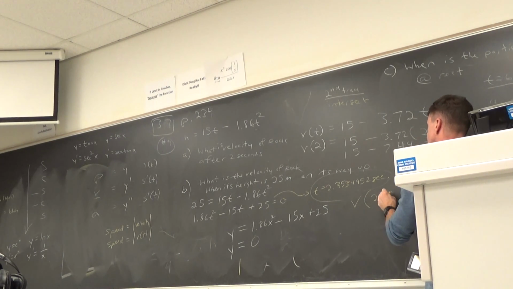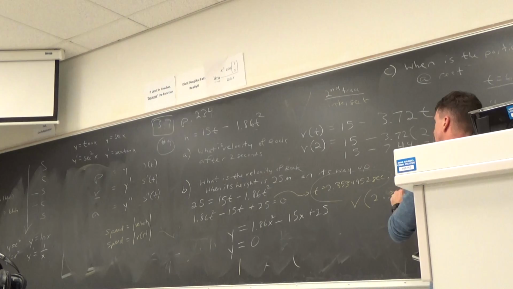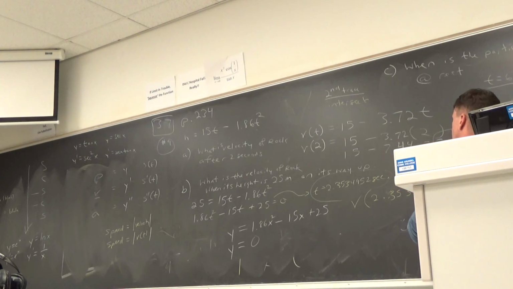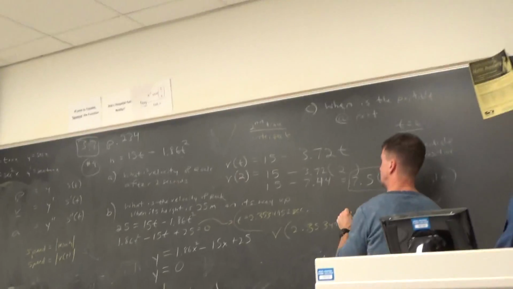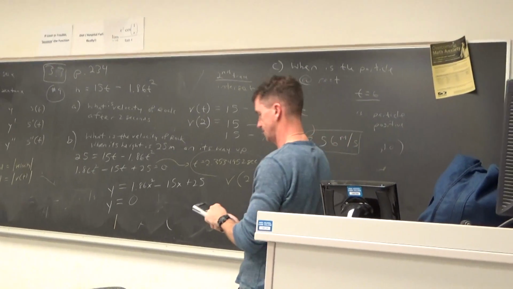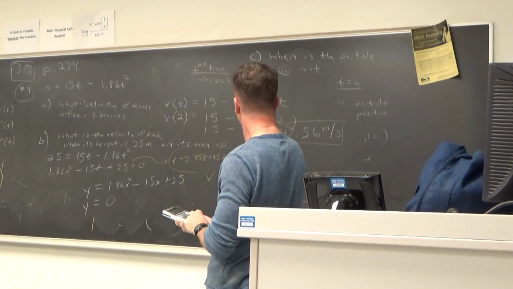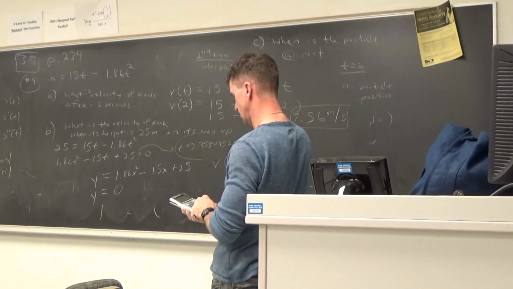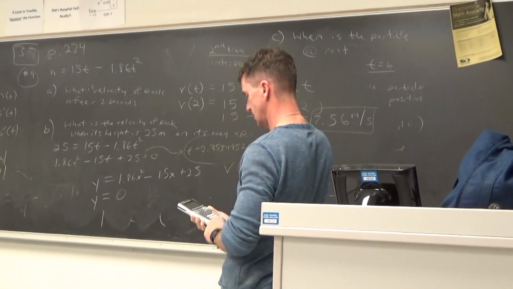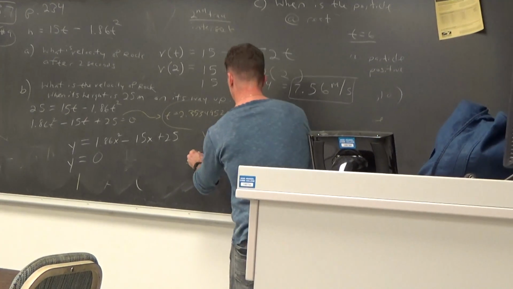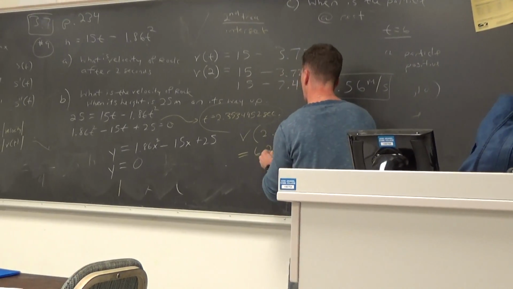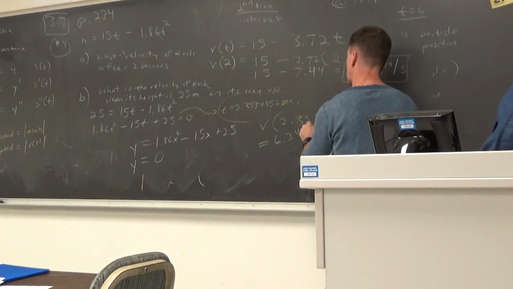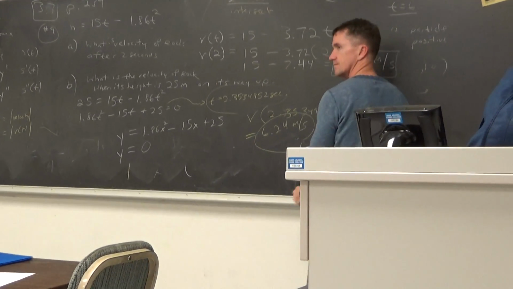I plug this into the velocity, and I get, let me see what I get. Ready? 15 minus 3.72 times x. And now I'm getting about 6.24 meters per second. Cool?